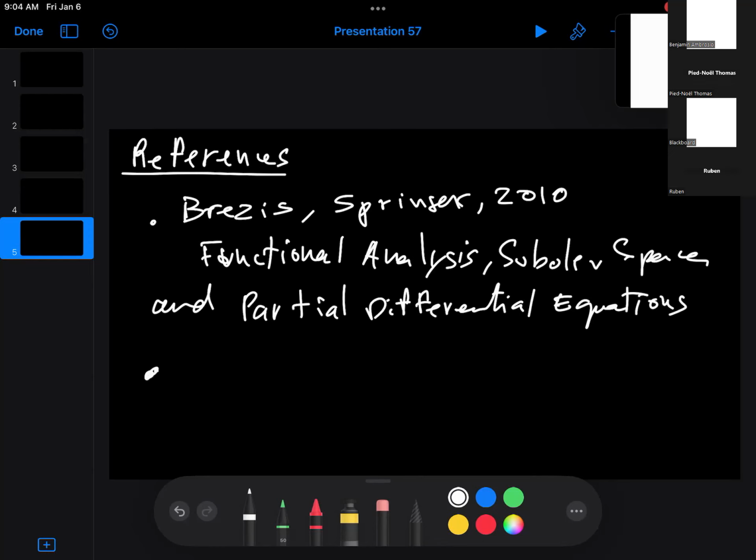Okay, from there you have, of course, the paper that we just went through. It's Agmon, Douglis, Nirenberg, 1959.